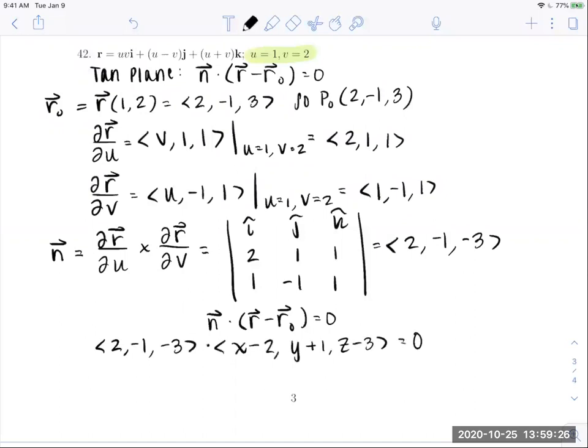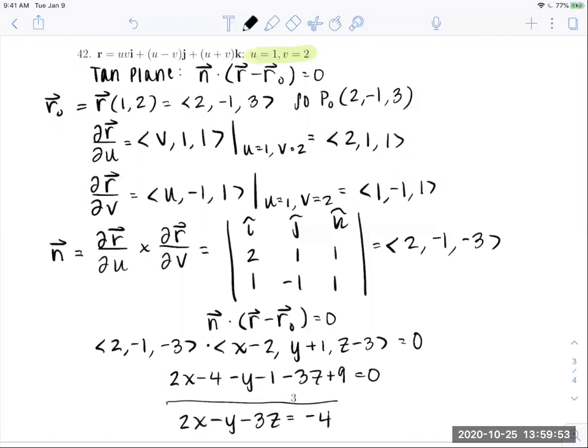And I'd like you to at least take it one step further. This is 2x minus 4 minus y minus 1 minus 3z plus 9 equals 0. And I'll put it into standard form, 2x minus y minus 3z equals, let's see, I would have a positive 4 on the left. So when I move it over, a negative 4 on the right. All right, and there's our equation of our tangent plane.